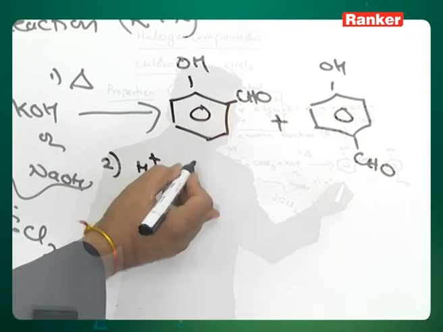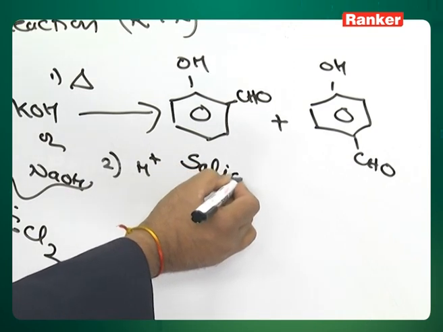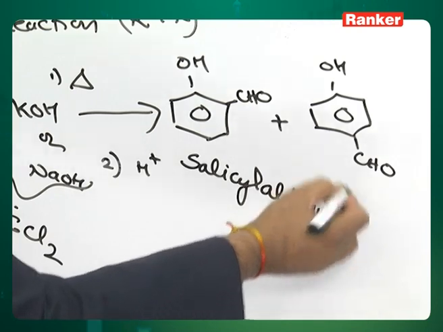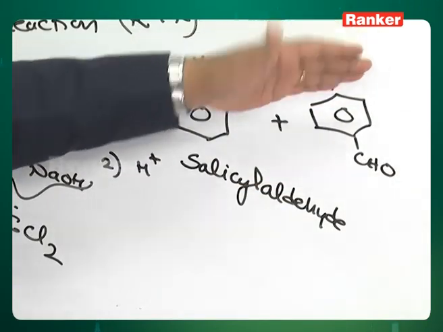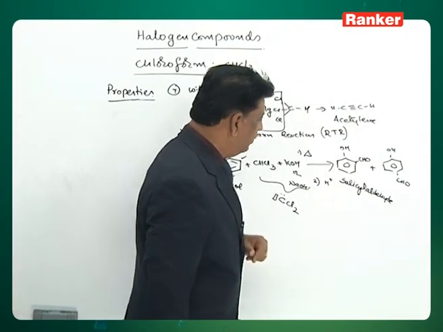Specifically, the first compound has a special name called salicylaldehyde. The second one has no specific name. It can be commonly called para-hydroxybenzaldehyde or para-formyl phenol. Either way you can say.